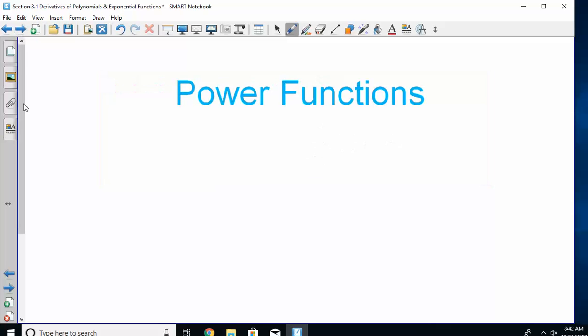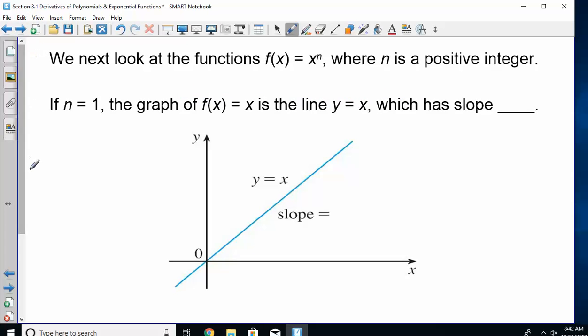So we're going to start with the very basic ones, x to a power. If it's just x to the first, y equals x, that's a line with a slope of 1. So its derivative should be 1. Okay?